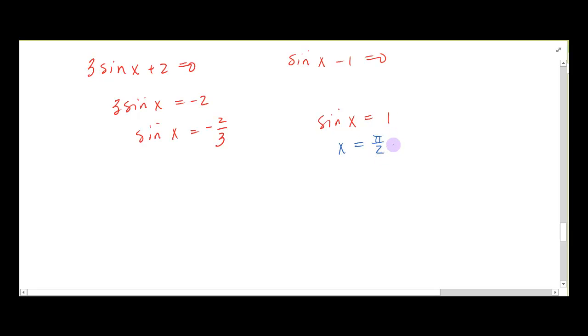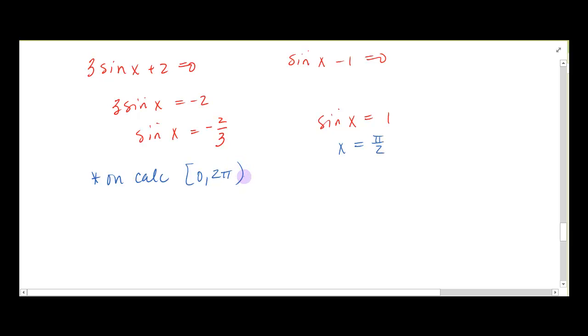Okay? The problem comes in with this over here. Sine of some angle is equal to negative 2/3. This is not a common angle that I know of off of my unit circle, so we have to do this on the calculator. So on the calculator, we're going to find out what the inverse sine is. Remember, we are looking at x being on the interval between 0 and 2 pi.